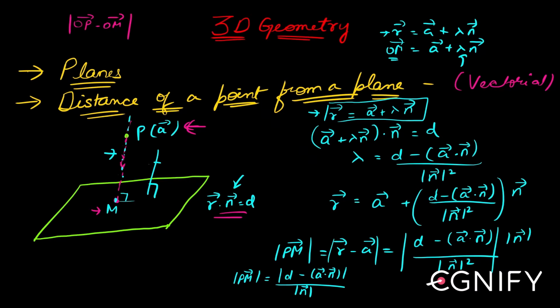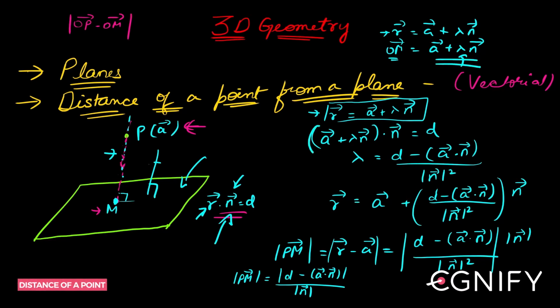So there's one thing that I can say though. This PM, if M is striking the plane here, M will lie on the plane. So M must satisfy this equation. The position vector of M, when it is put in place of R bar, should satisfy this equation. What is the position vector of M? I'm assuming it to be this.